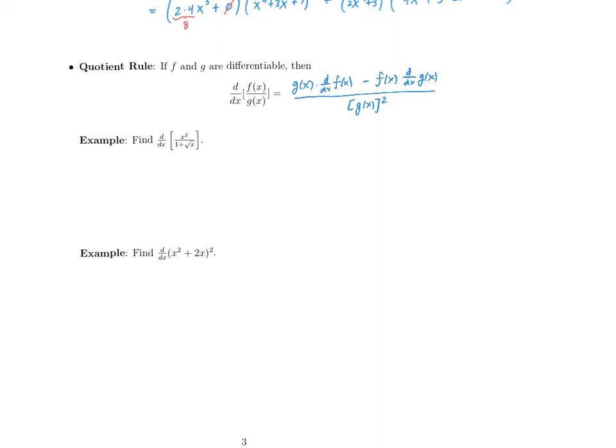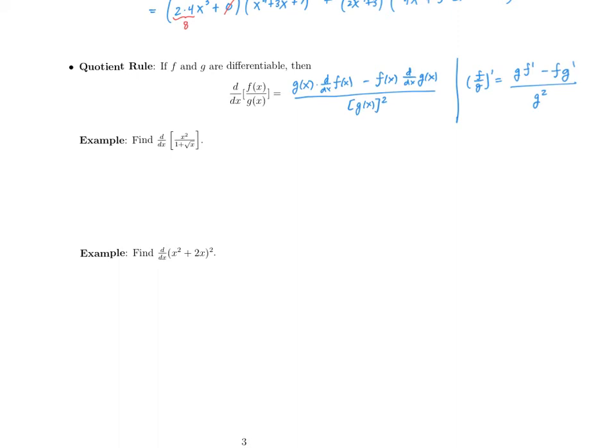And if you prefer to write this in the prime notation, I think it's a bit simpler to get out here. f over g prime would be low d high minus high d low all over low squared.